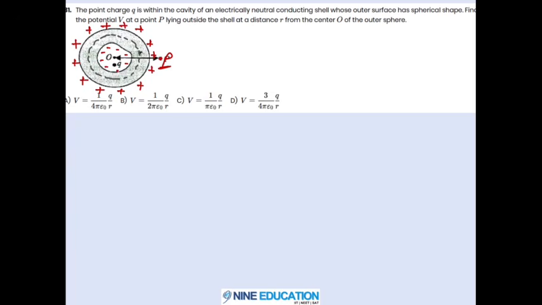You can remove the entire sphere and just put a point charge at the center, which is at a distance of R from P. Therefore, the potential here will be V is equal to KQ upon R. As simple as that. So K is what? 1 by 4 pi epsilon naught. So the answer is the first option, that is 1 by 4 pi epsilon naught Q upon R. This is the correct answer.